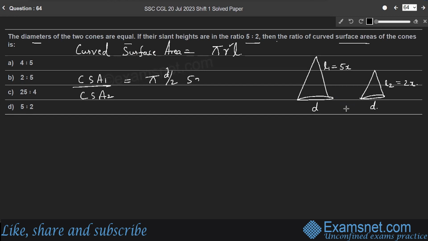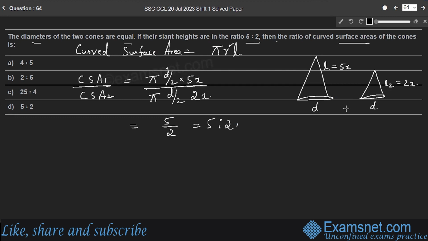L1 is 5 into x, divided by pi into, again, radius d by 2, and the slant height 2 into x. Therefore, pi and pi, d by 2 and x will get cancelled, and we get the ratio 5:2, right?